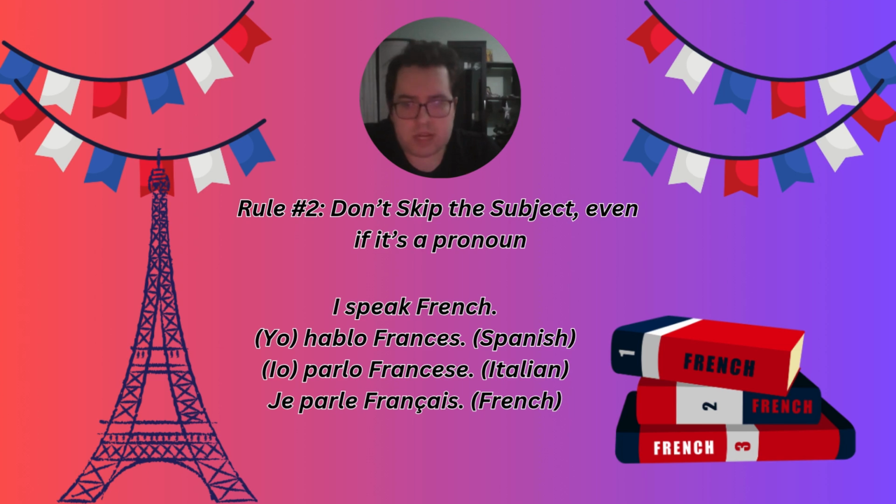We don't usually drop the subject of the sentence even when it is a pronoun. So instead of having, like in other languages such as Spanish, hablo francés, or Italian, parlo francese, we are going to have the obligatory, mandatory je parle français, il parle français, tu parles français, nous parlons français.